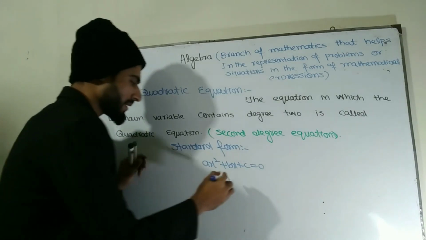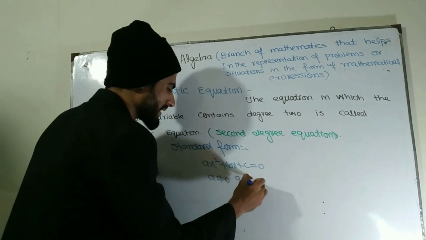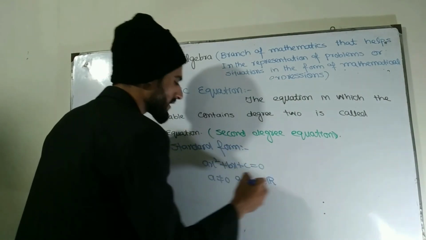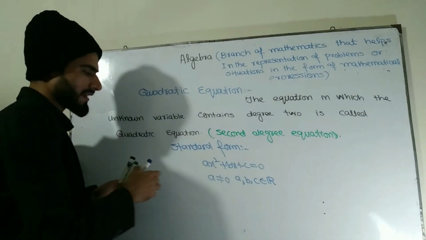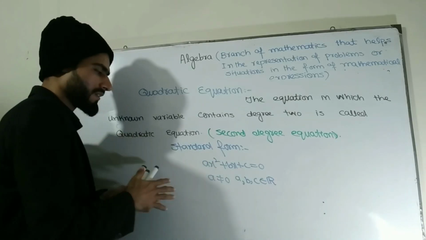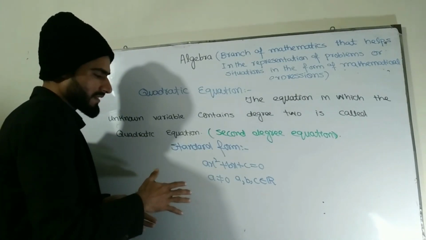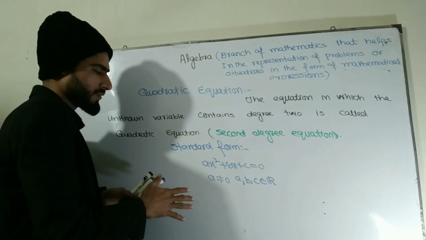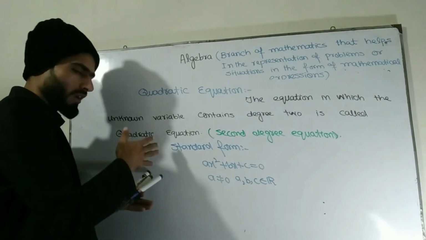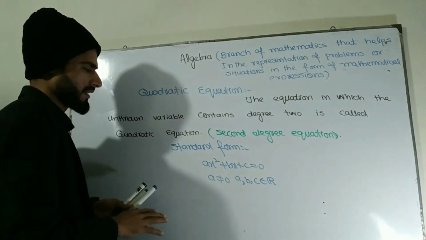Here a, b and c belong to the set of real numbers. Here x, here also x are variables. The degree of this equation is 2, so it is called a quadratic equation.